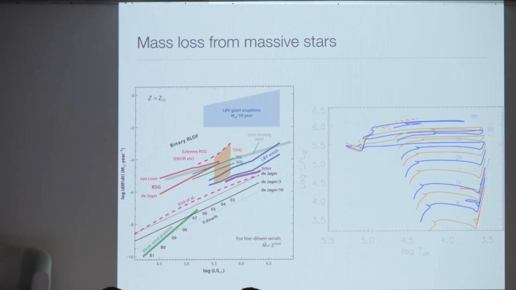So that's the reason that, especially for the high mass star, this mass loss gets important to understand the behavior of the star at the surface.